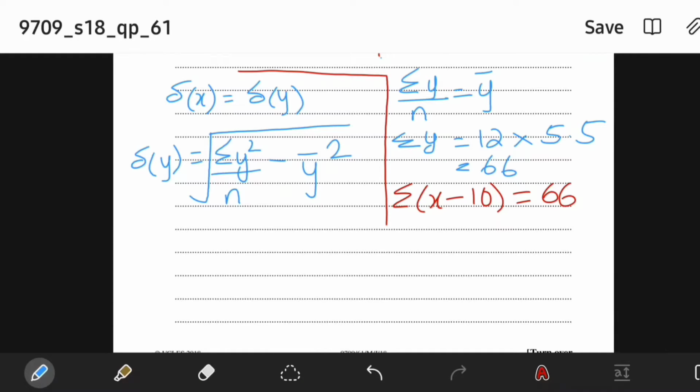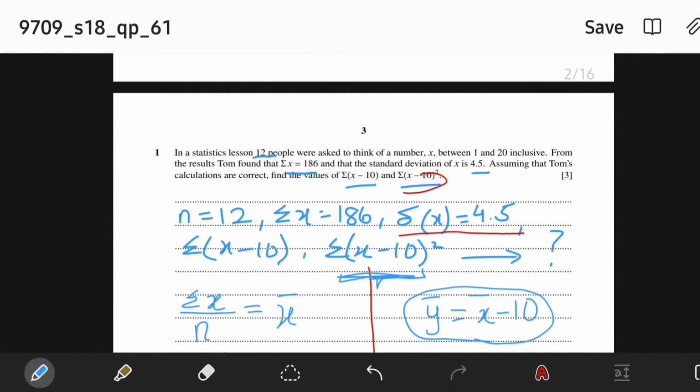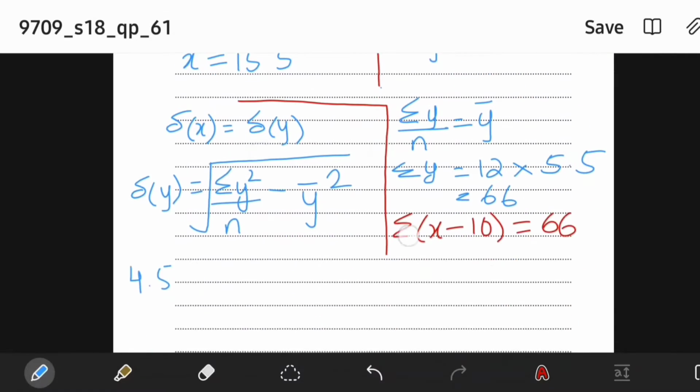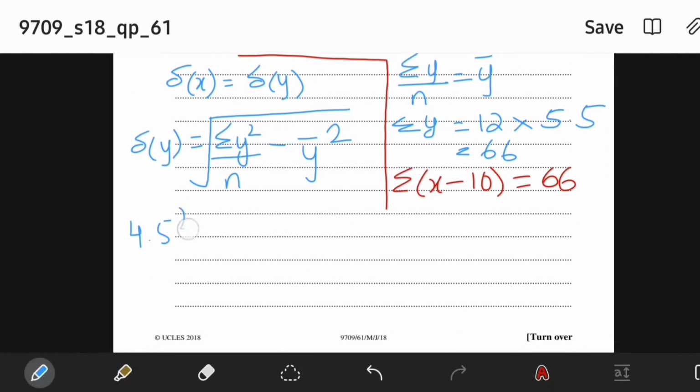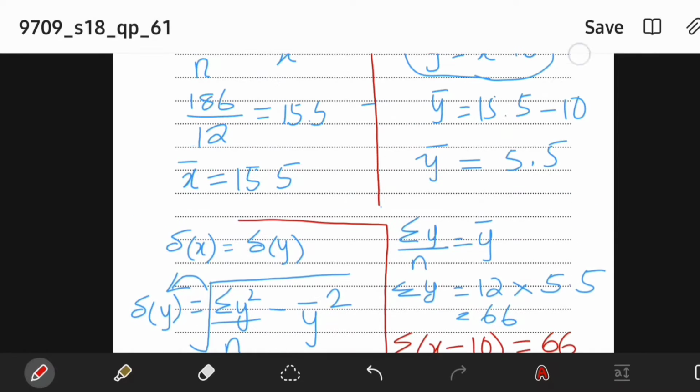Now putting in the values, we can write the standard deviation, which is 4.5, as it is given right here in the question. And we can put in a square to shift this square root, and we don't know summation y square. We know the number, and we know the mean. Mean is, we just found it out, which was this 5.5 right here.